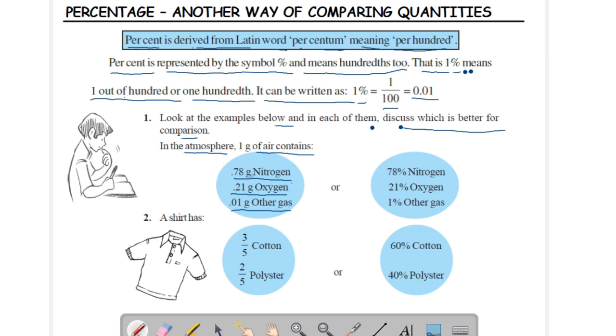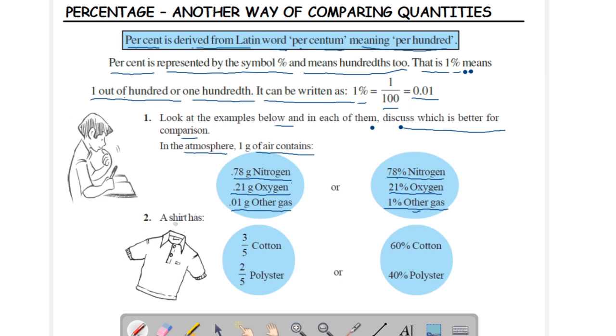Here all these terms are written in decimal form. Now we can write in percentage form: 78% nitrogen, 21% oxygen, and 1% other gases. Here we can see that the second one, the percentage form, is better for comparison.